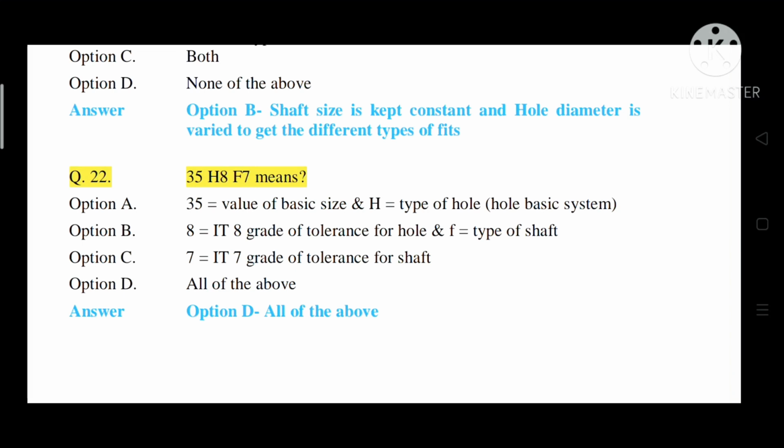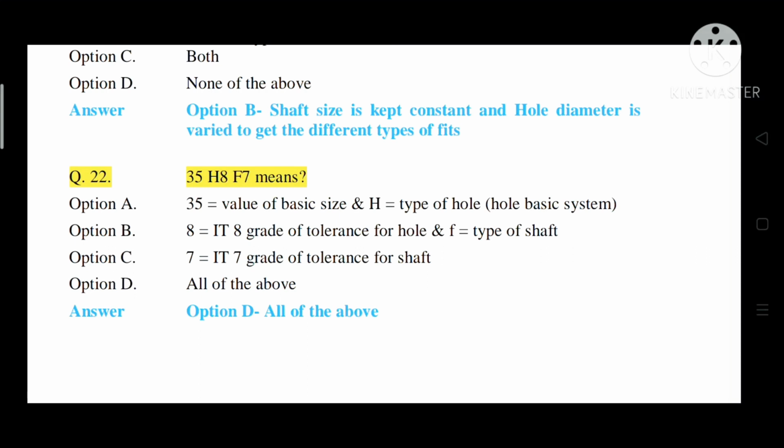Question number 22, 35H8f7 means what? The small f is given. So option A, 35, that is value of basic size, and capital H is type of hole, that is hole basis system. Option B, 8 means IT8 grade of tolerance for hole is given.